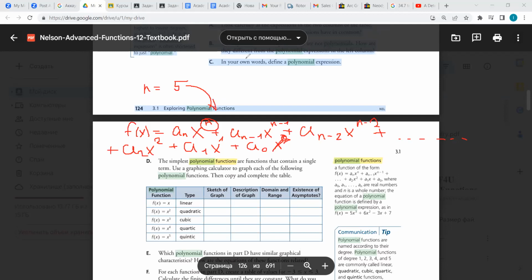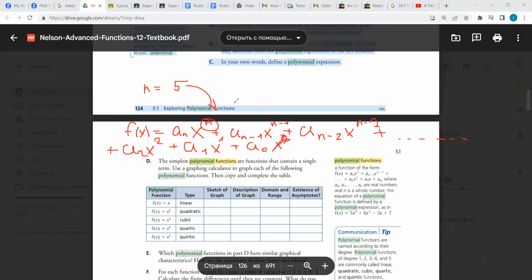We don't know this value right away. But for example, if we have the expression 5 times x to the power 5, in this case a_n would be equal to 5, plus, for example, 3x to the power 4, a_(n-1) would be 3, and so on.